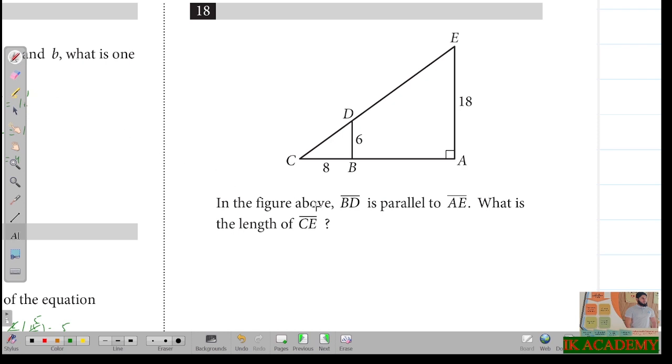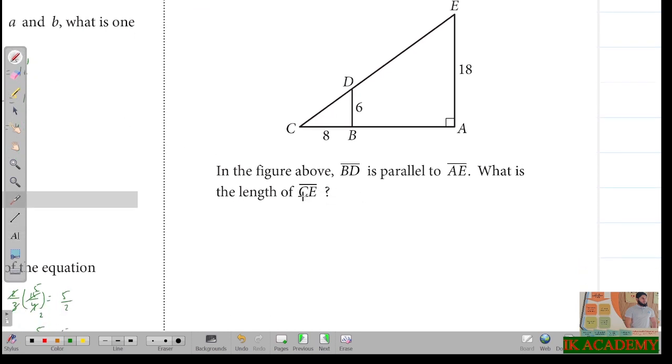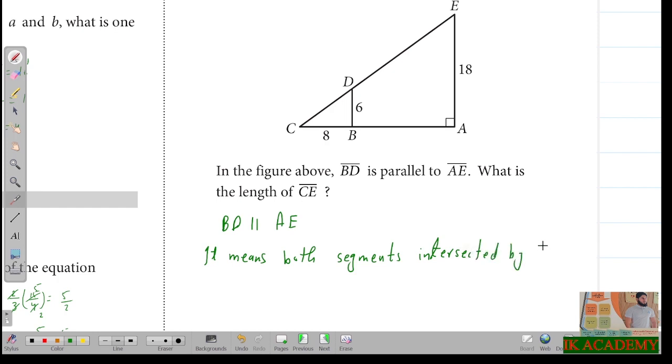First of all, it is given that BD is parallel to AE. It means both segments are intersected by CE.